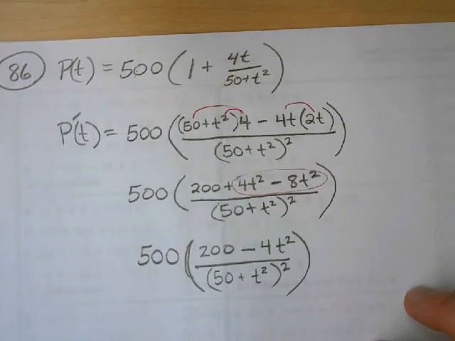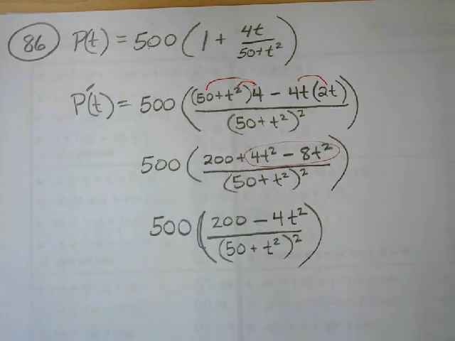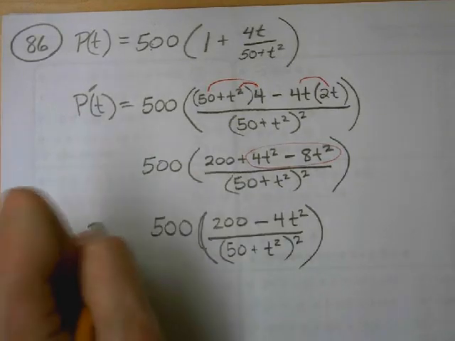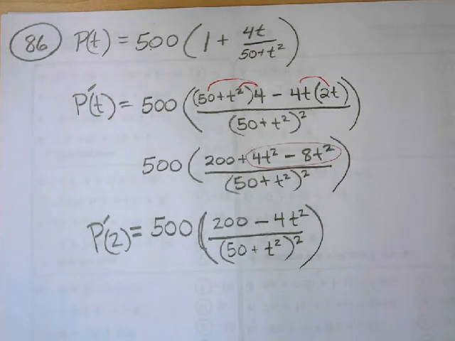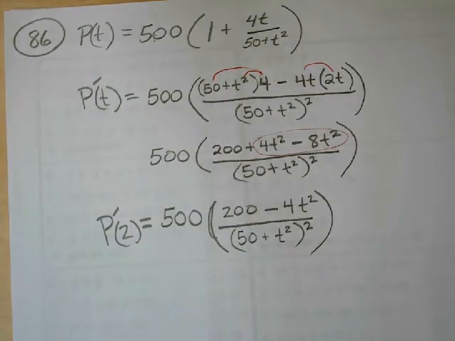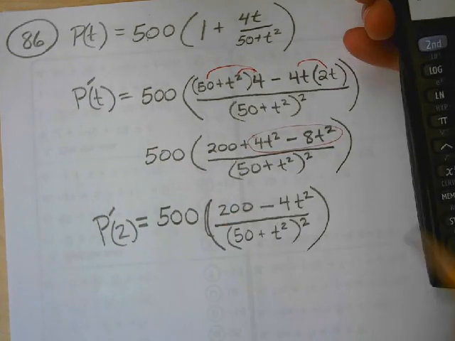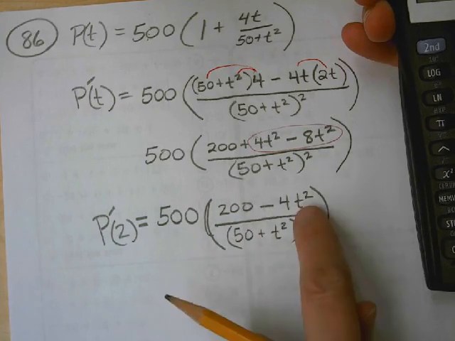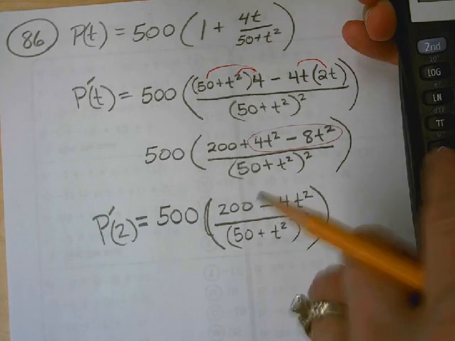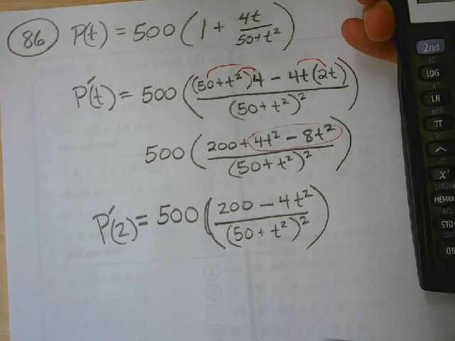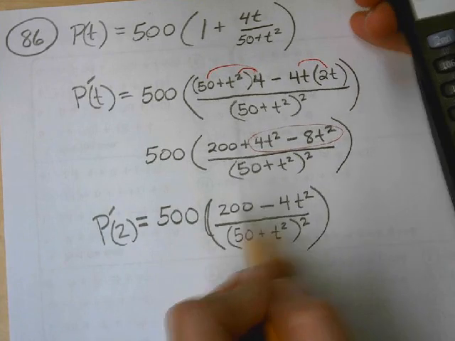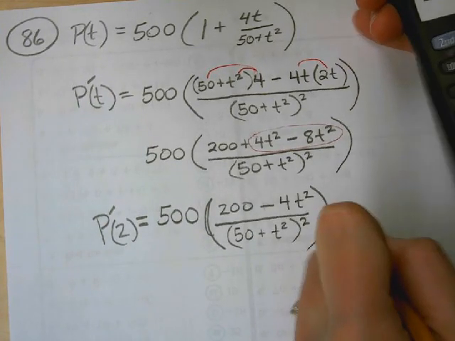Now you can just plug in the number 2 into that and work it out. It's a little messy, but you guys can do it. So now it's just plug in 2 into this derivative to find the rate of change of this population. On the top you have 200 minus 4 times 2 squared, with the 500 still on the outside.